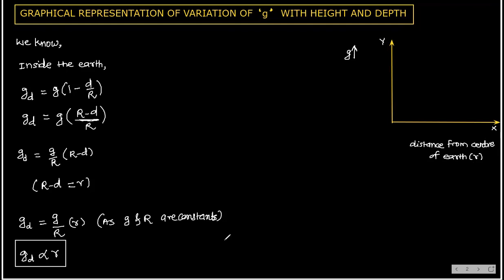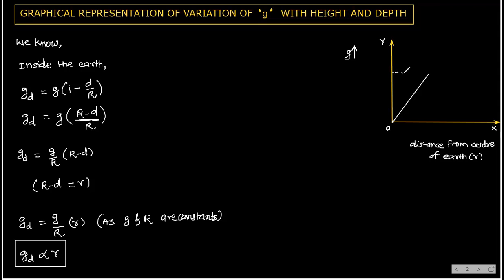Now you see, inside the earth, if the radius is 0, gravity is 0. So as you are coming from the center of the earth to the surface, your gravity will go on increasing. At center it is 0. Then slowly you are coming to the surface.